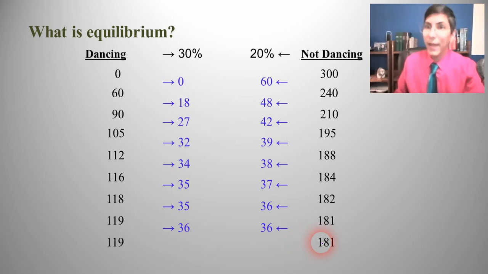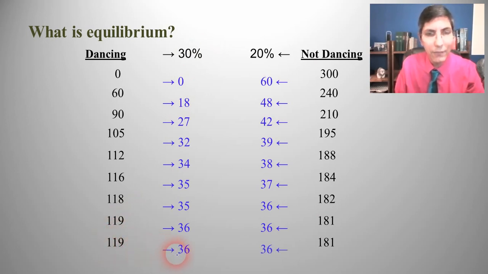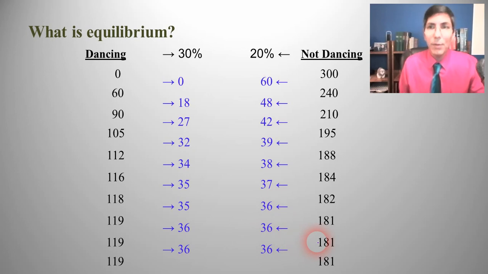And this keeps on happening for the next song. So 30% of 119 is 36 that sit down after that song, and then those that aren't dancing, 20% of 181, 36 will get up and start dancing. So the net change is 0. Do we need to keep on doing this? Well, hopefully you can see that we've attained an equilibrium.